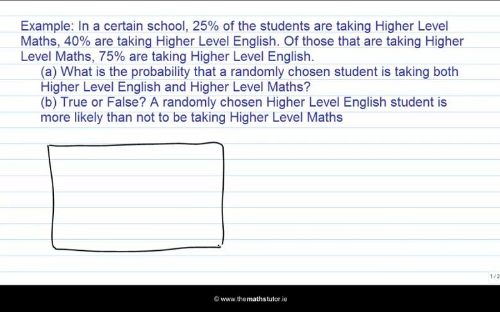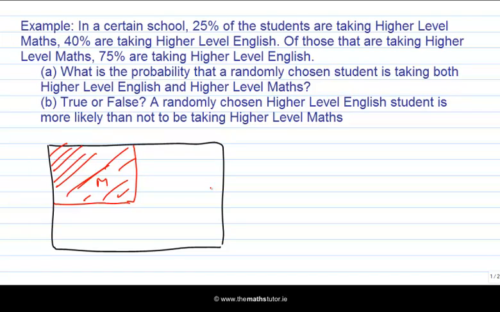We're told that 25% of them are taking higher level maths, so I can section off a part of this box. 25% is a quarter, so it makes sense to take a quarter of this box and say that these are the higher level maths students. I'll call that M. Everything in the red shaded area are the students taking higher level maths, and everything outside that represents the students not taking higher level maths.